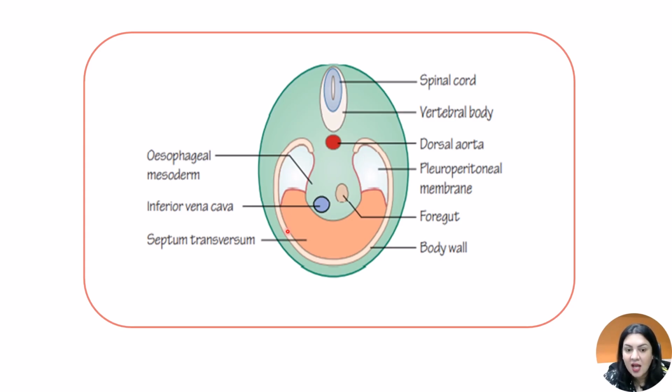And at the same time, the septum transversum is going to emerge as essentially the defining boundary between the thoracic cavity and the abdominal cavity, and contribute to the structural integrity of the diaphragm.